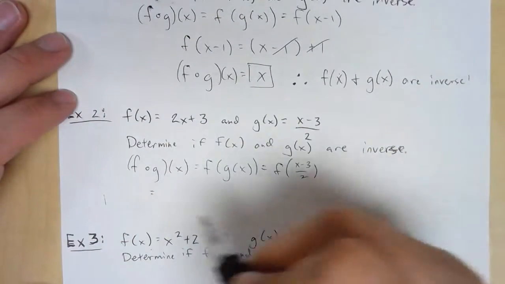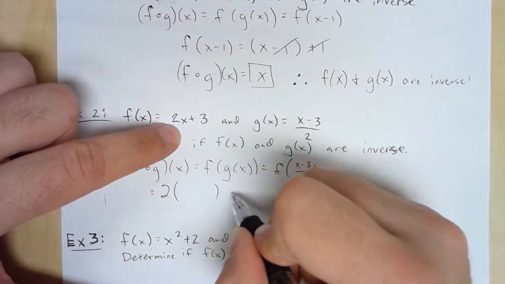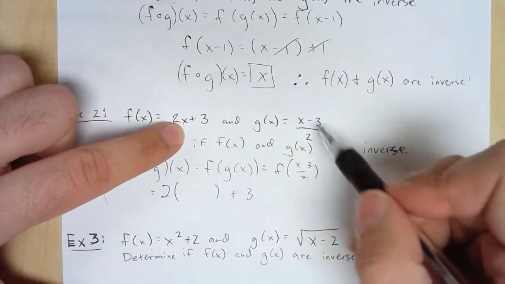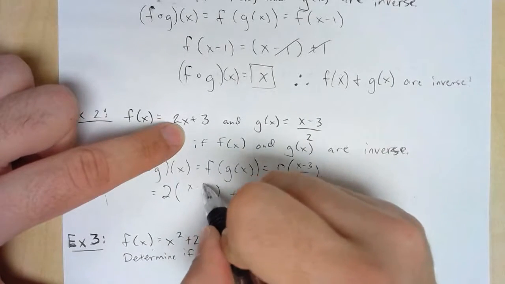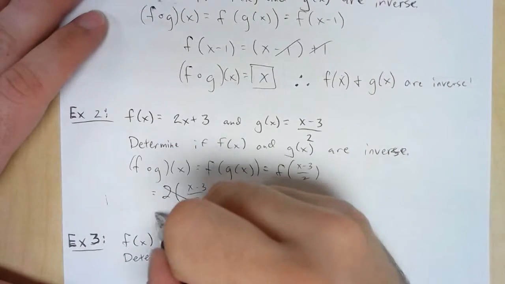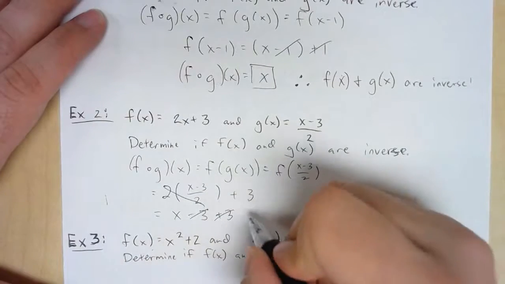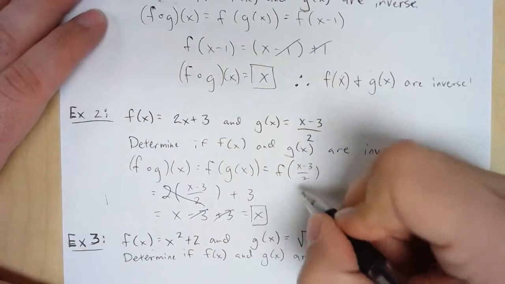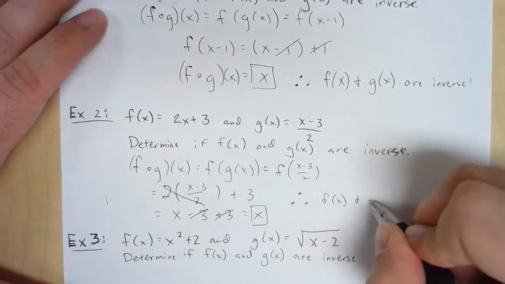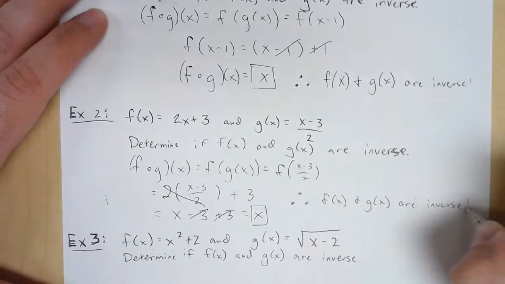So that's really equal to, f is this, so 2 and then the plus 3. I'm leaving a space for my x, and I'm writing in g, so x minus 3 all over 2. Okay, 2 divided by 2 is going to cancel, so we're left with x minus 3 plus 3, which does cancel, so we're left with just plain old x, which is what we want. Therefore, f of x and g of x are inverse.